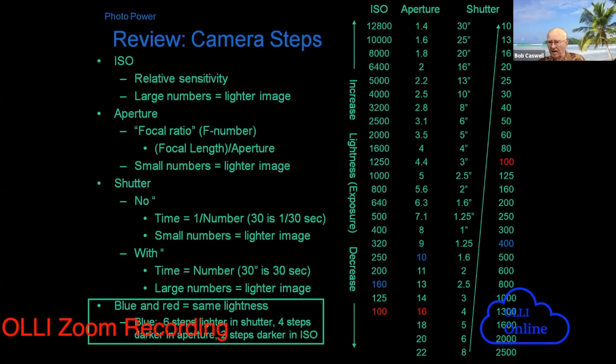I'm not going to complicate things that much now, but the point here is that these are the 3 things that are important, and you can make changes in any of them, and you can compensate with any of the others for the change and get the same effective exposure. That's the real key point.